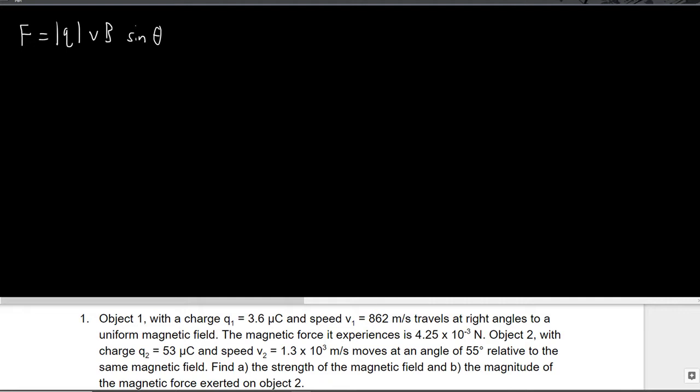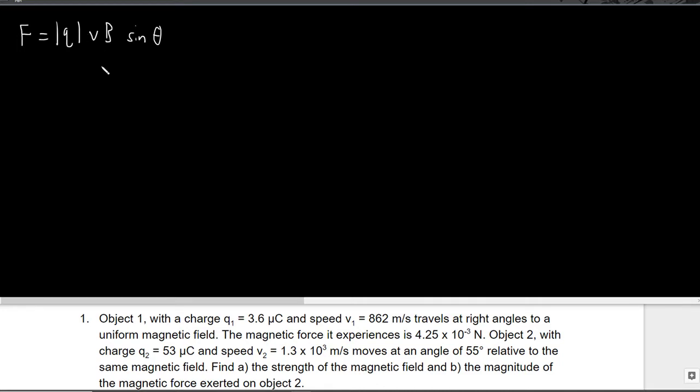We're going to hold off talking about directions for the most part, but really all we need to know is that the magnetic force, the force from the magnetic field, is equal to the absolute value of the charge, whether it's a proton, electron, positive or negative, doesn't matter. We're just treating it like it's positive, times the velocity of that charge.